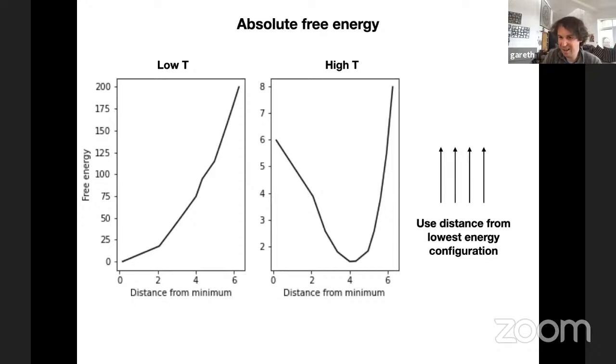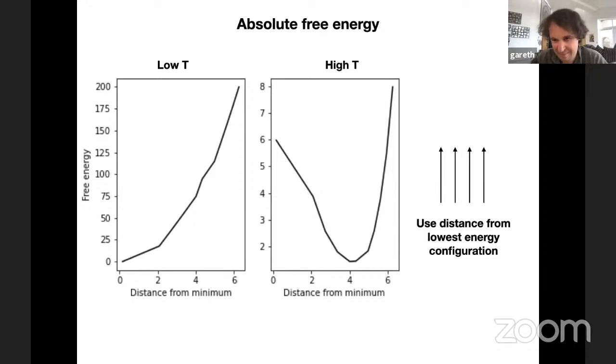So if we know that one configuration is lower in energy than everything else, and that there is one particular lowest energy configuration, we can always use the distance from that configuration as a collective variable. If the problem is just that this is the lowest energy configuration and everything else is uninteresting, we can always ask what the free energy is as a function of the distance from it.